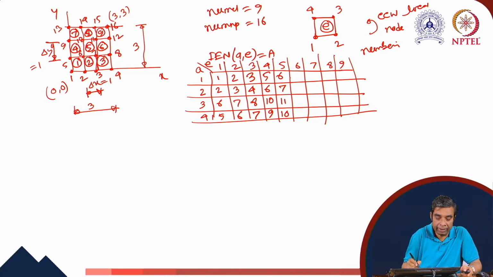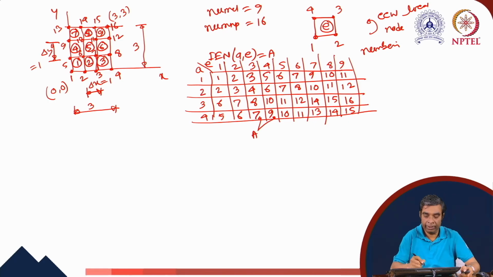For the sixth element, these are 7, 8, 12, 11. For the seventh element, these are 9, 10, 14, 13. For the eighth element, it is 10, 11, 15, 14, and finally for the last element it is 11, 12, 16, 15.